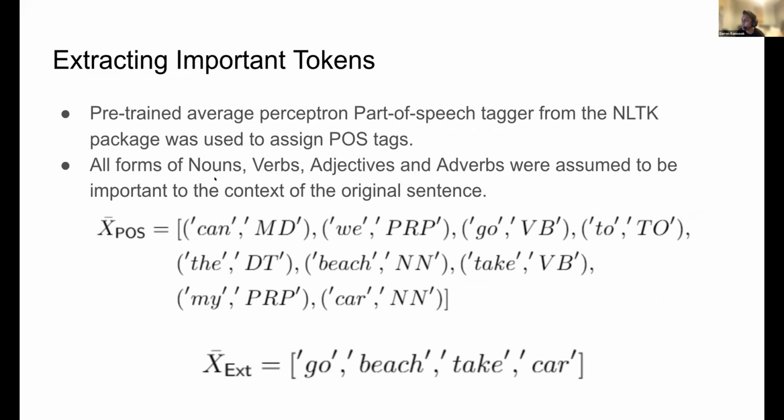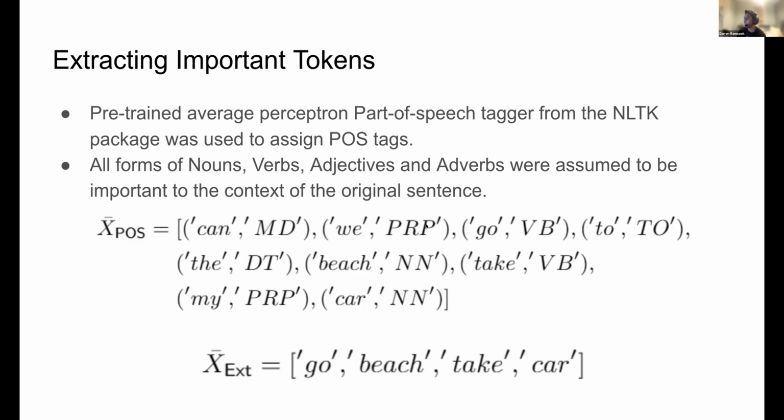We assume that all forms of nouns, verbs, adjectives, and adverbs are important to the context of the original sentence. If we tag the original sentence with part of speech tags, you get something that looks like this, X bar POS, a result where each word is assigned a part of speech.